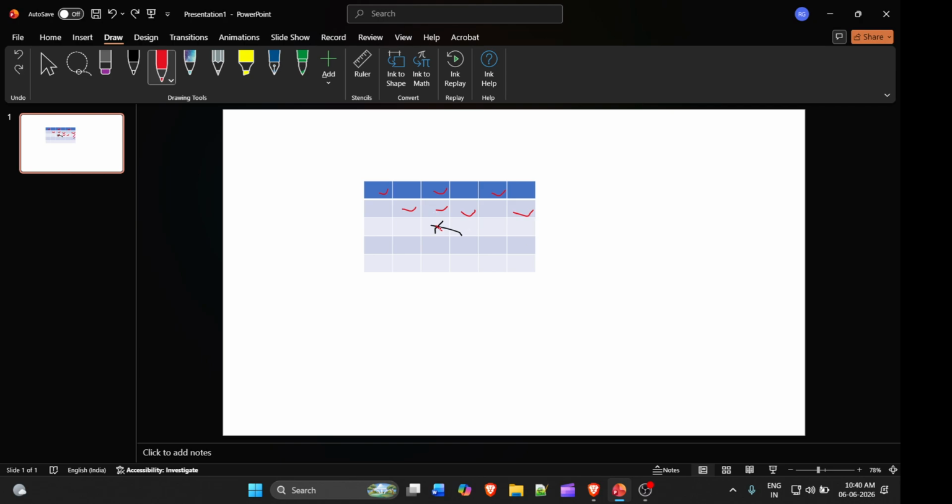So let's understand where I can't place a white knight. I can't place in these directions. I also can't place in these two directions.